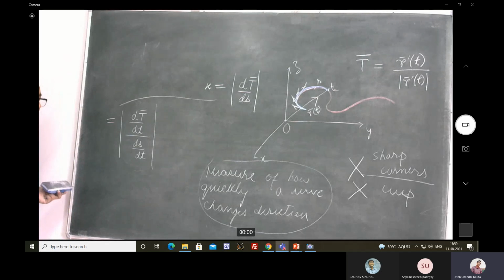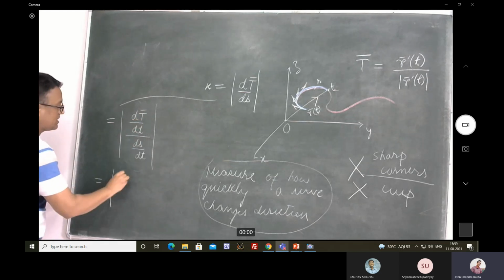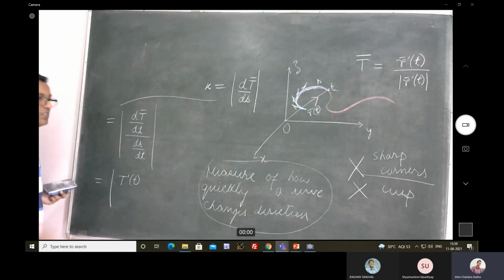Is it okay to everybody? Basically, this is the derivative of the unit tangent vector with respect to t. So this means this is again T prime t, isn't it?